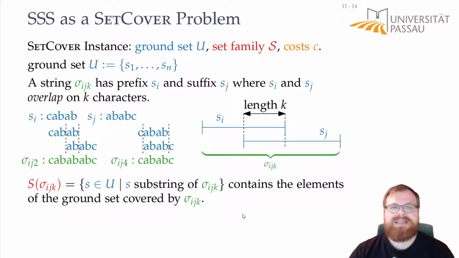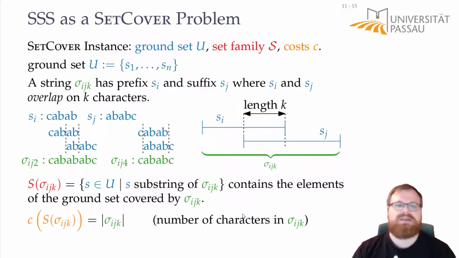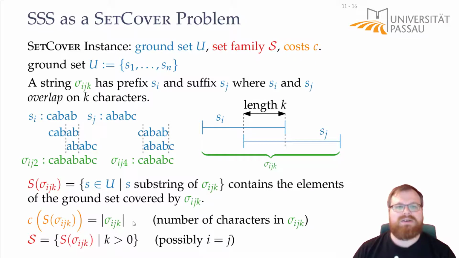Since we want to find a superstring that's very short, we somehow have to measure the length of the string. So we just set the cost of one set that corresponds to some sigma ijk to the number of characters in sigma ijk. And this gives us a complete set cover instance.